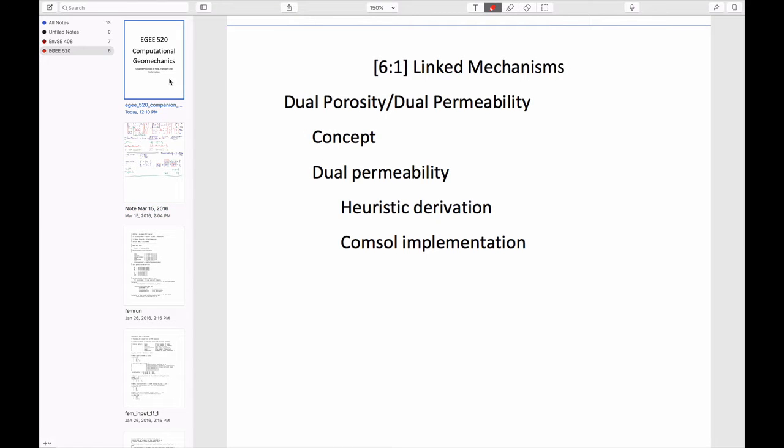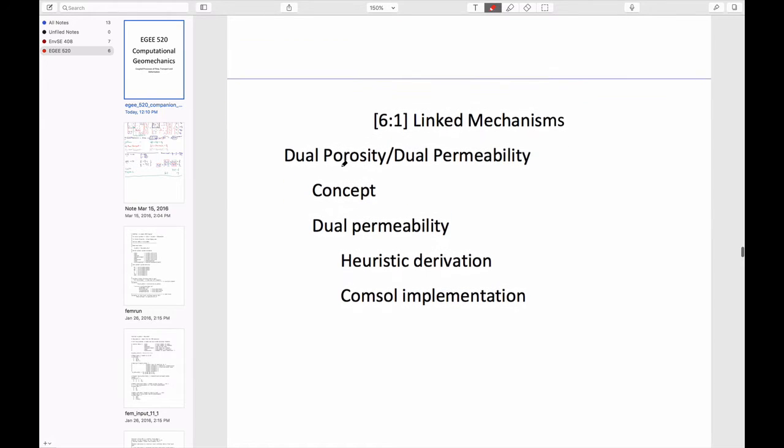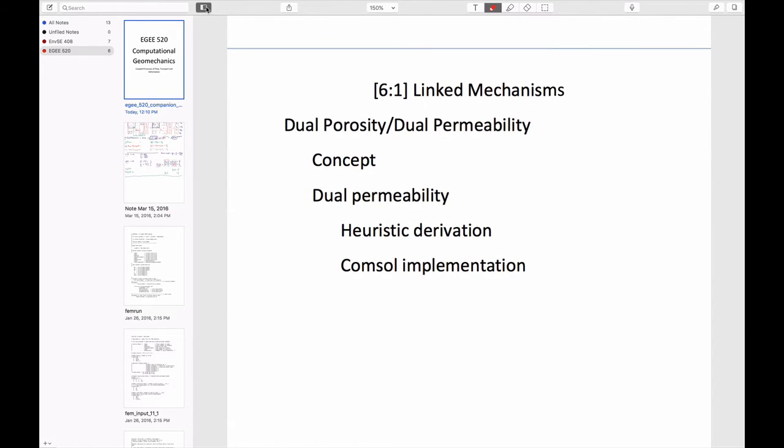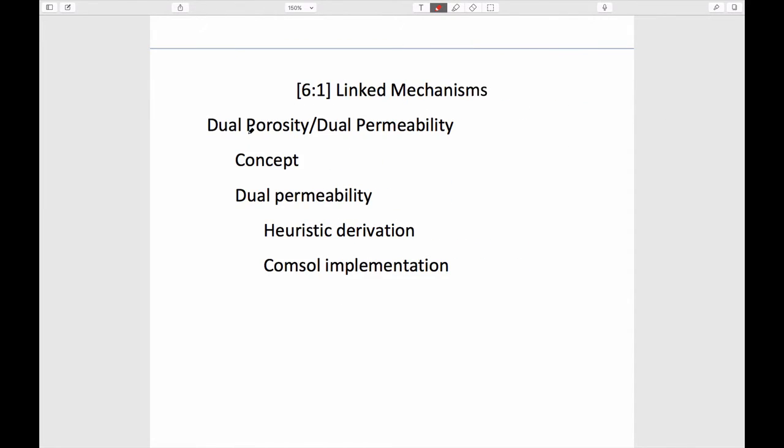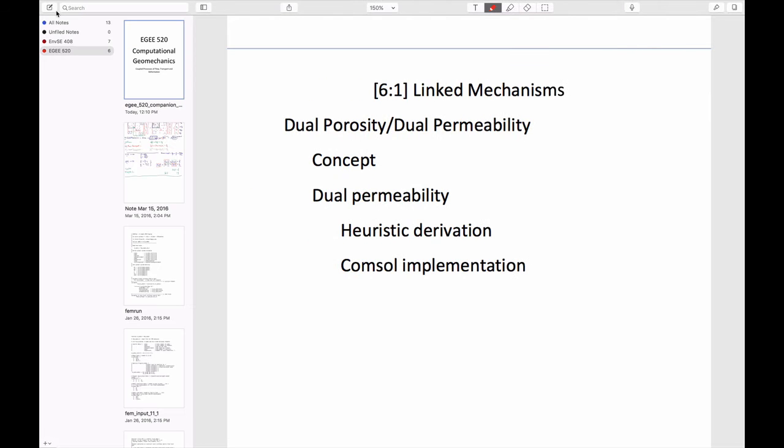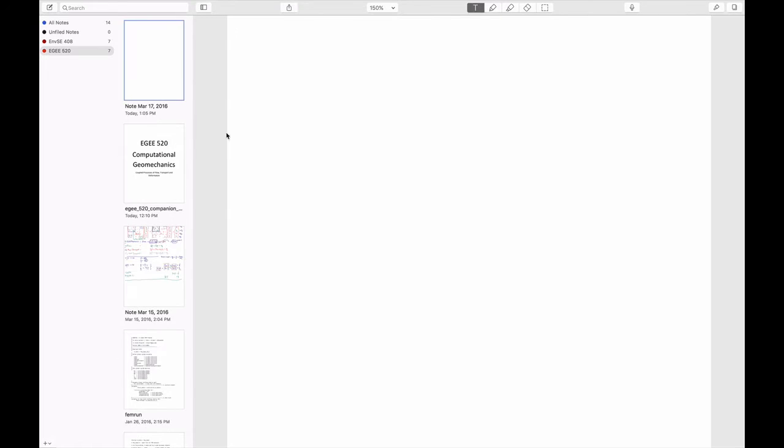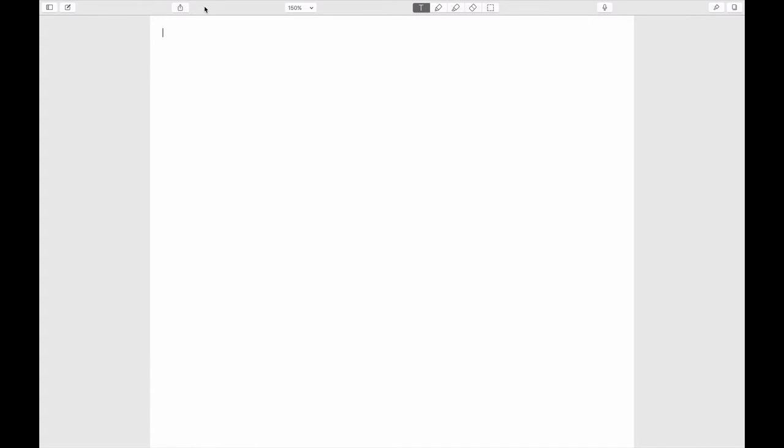And so what I wanted to do today was talk about the first of the linked mechanisms, and the first one that we'll talk about would be dual porosity, dual permeability systems. And I suppose one way to do that would be just to draw something. So let me fill this to the whole system.